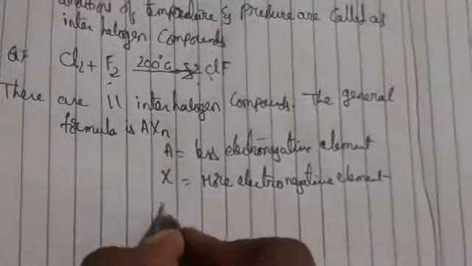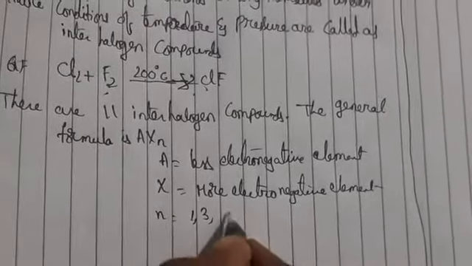Here n takes odd numbers: 1, 3, 5, 7. So now it is divided into 4 types, 4 classes.